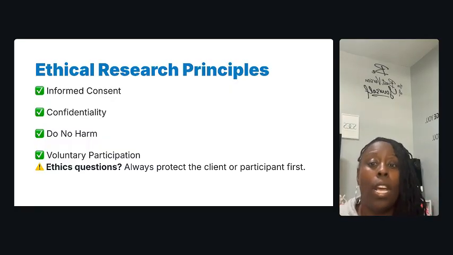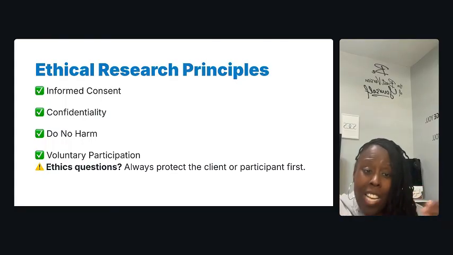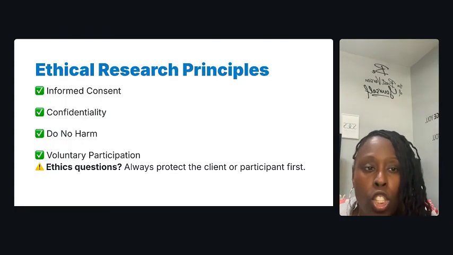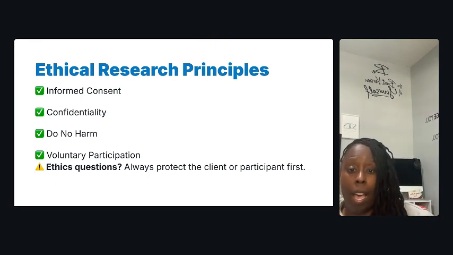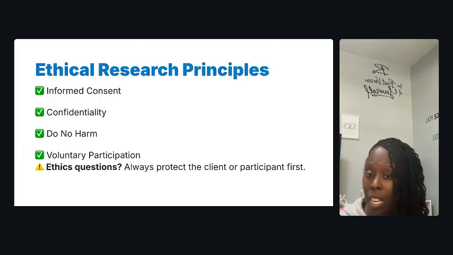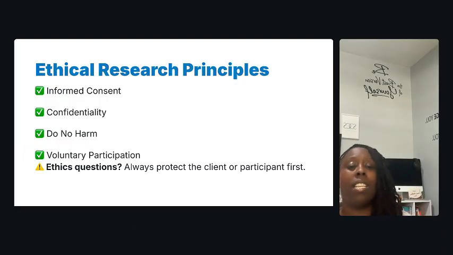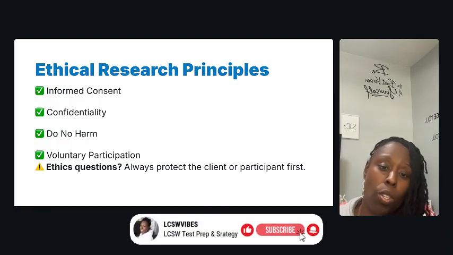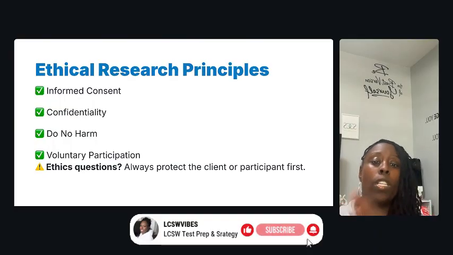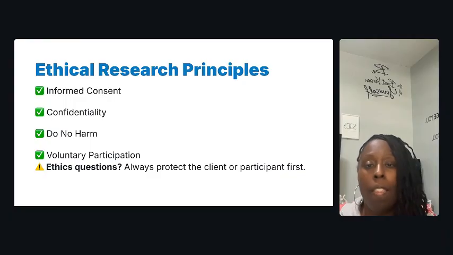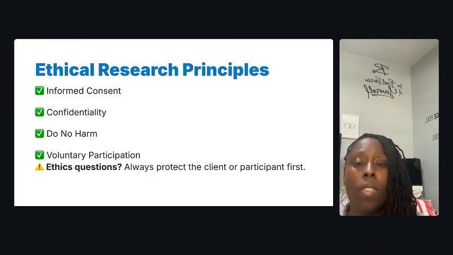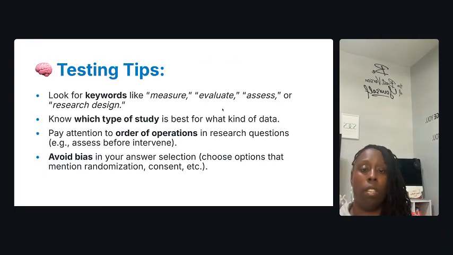Do they know that you're doing the best you can to do no harm, but these are the possible consequences? Was the person voluntarily asked to participate, or was it an involuntary participation? These are the things we want to know and discuss when it comes to ethical research principles. Always protect the client or whoever the participant is first. That is key when we're dealing with ethics as it pertains to this topic.